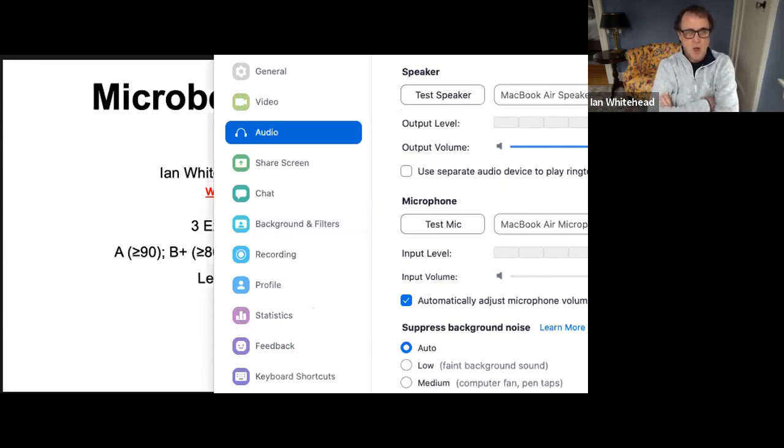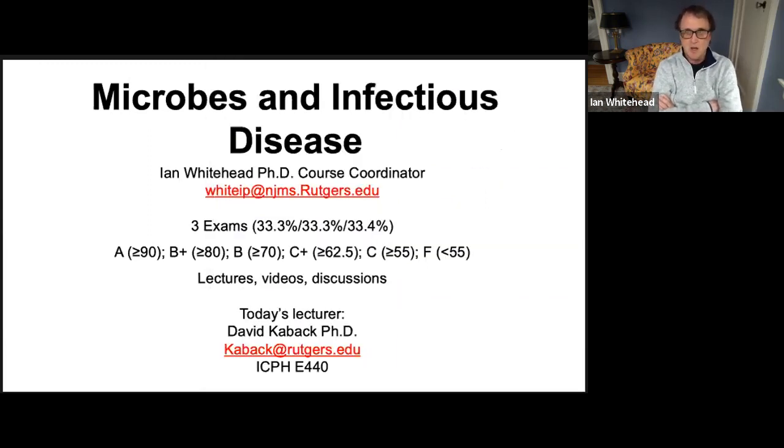We'll talk primarily about bacteria, some fungi, and some parasites, and some viruses as well. But the bulk of the course will be on bacteria because they represent the bulk of infectious agents.